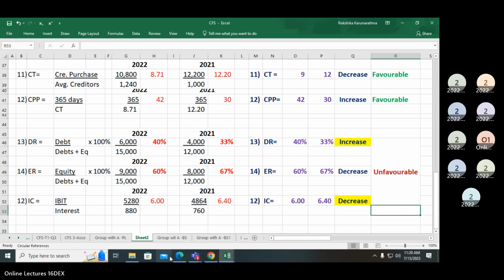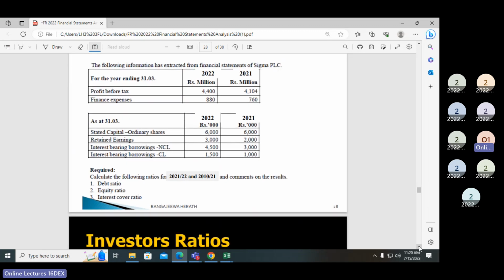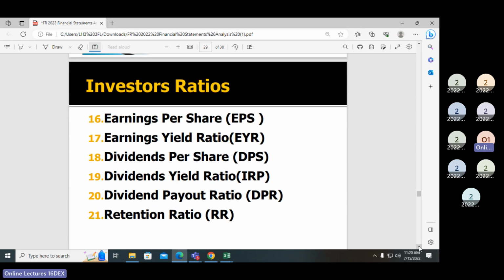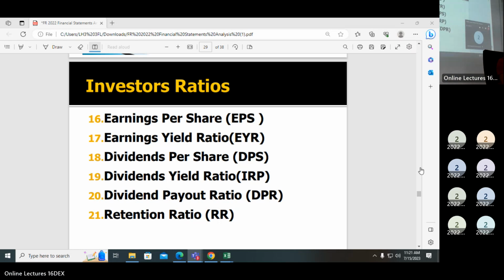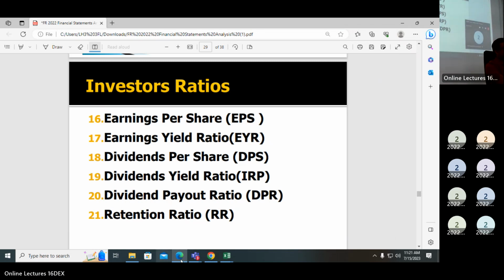Okay. Right. Then we are moving to the next ratio category, investor ratios. Investor ratios means the ratios used by investors frequently when they are taking investment decisions.